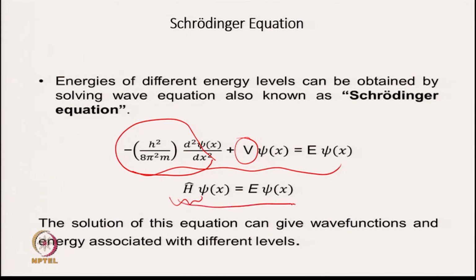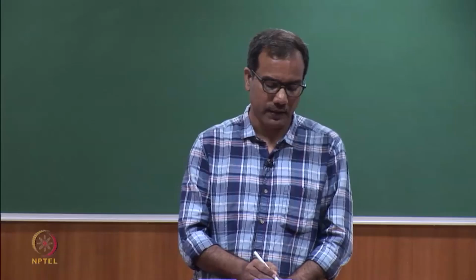In this equation you are applying the Hamiltonian operator, which is given by this symbol, and getting the energy value. When you apply the Hamiltonian operator on the wave function, what you get is energy multiplied by the wave function.